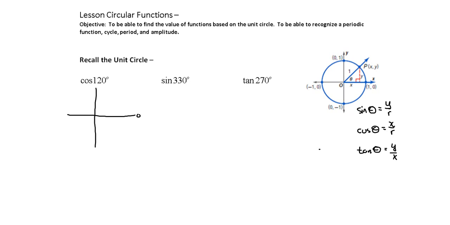This is 0, this is 90, this is 180 and 270, and it's your job to figure out how to get from 0 to 120. So in this case, our angle starts at 0 and then opens up until it gets to here, and this is going to be the 120 mark.